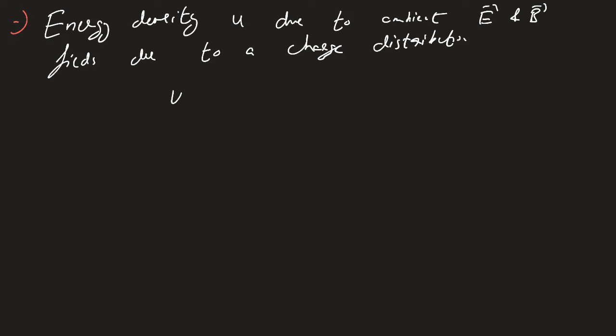And what we found was that U is equal to 1 over 2 epsilon naught E squared plus 1 over mu naught B squared. You derived the second factor, I believe, in homework 3 also. Now, this is the general energy density due to ambient electric and magnetic fields.